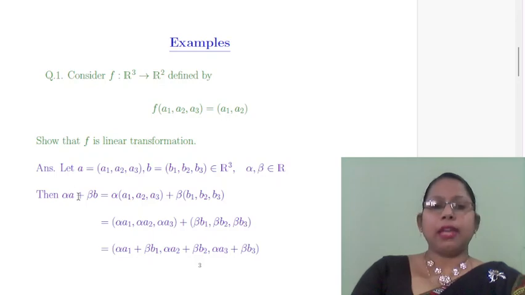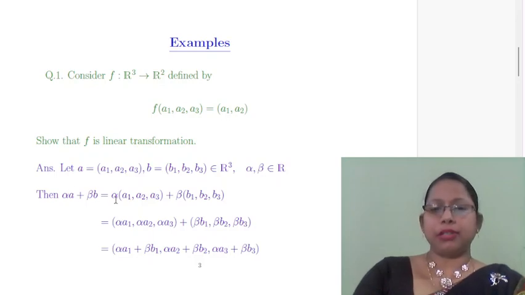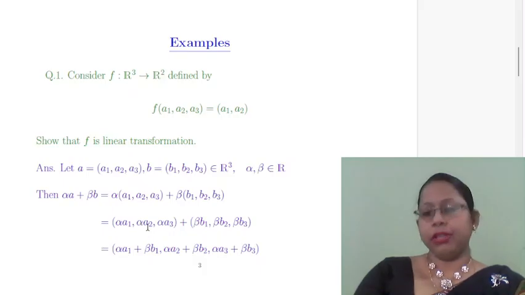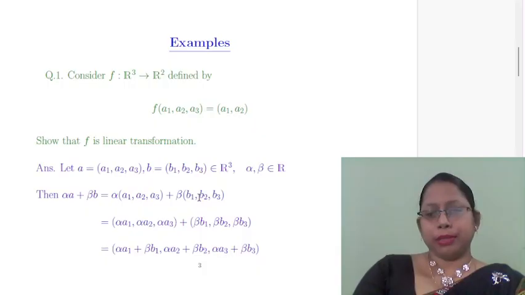Then alpha a plus beta b is equal to alpha of this element (a1, a2, a3) plus beta of this element (b1, b2, b3). In the next step, bring this alpha inside the bracket. It will become (alpha a1, alpha a2, alpha a3) plus, bringing beta inside this bracket, we will get (beta b1, beta b2, beta b3).